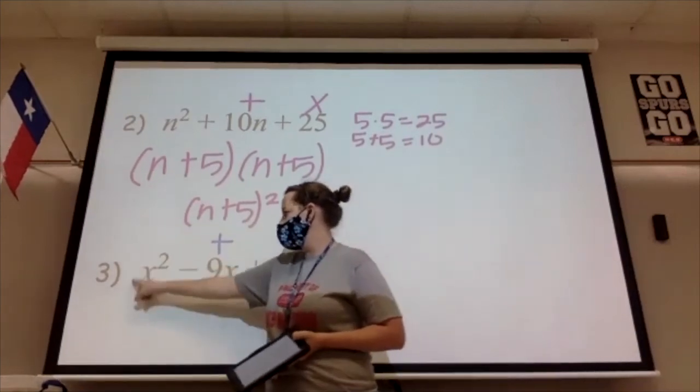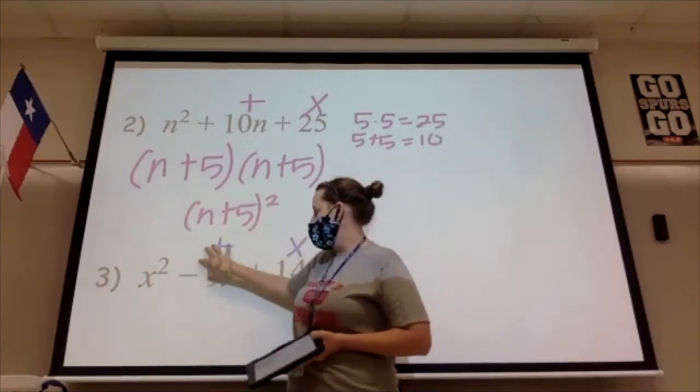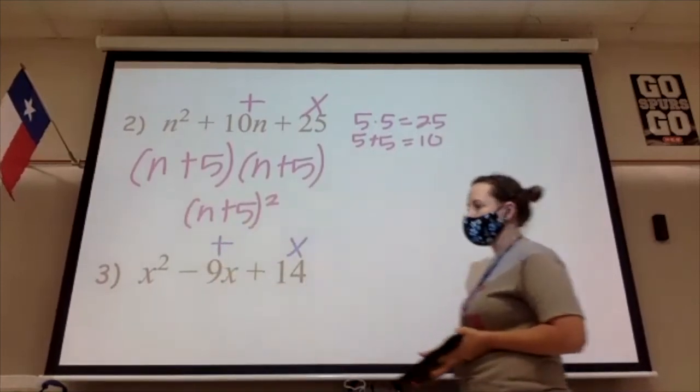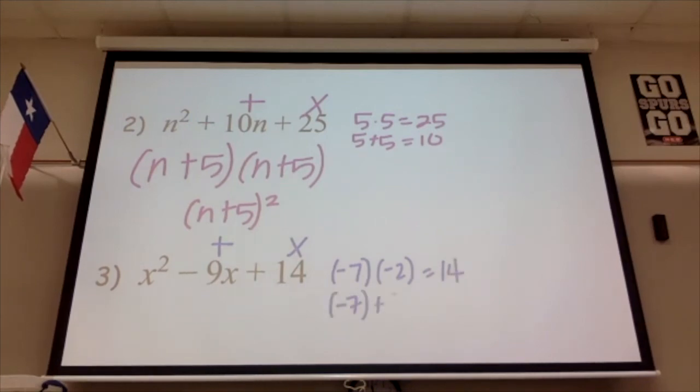So in our coefficients, you have A, B, and C. So you want it to multiply to be 14, add to be negative 9. You said negative 7 and negative 2. Is negative 7 times negative 2 positive 14? Yes. And is negative 7 plus negative 2 negative 9? Yes. So when we write our factors, you just have x minus 7 and x minus 2.